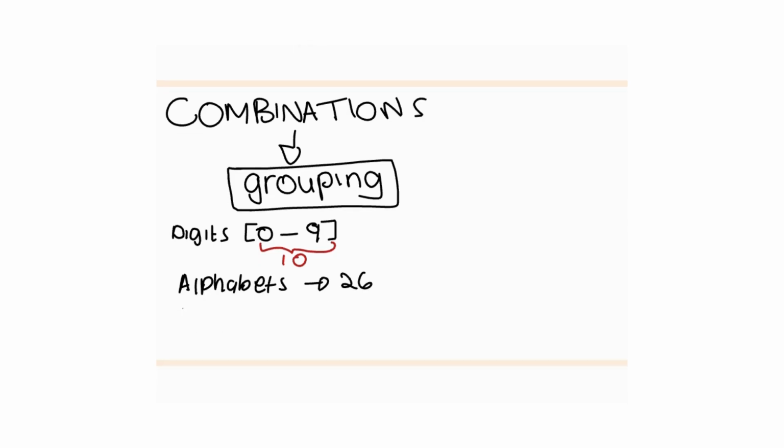Consonants. Remember guys, the consonants are the ones that are not vowels. Let me do the vowels first. The vowels are A, E, I, O, or U. How many do we have? We have 5. Then what is left out of the 26 alphabets is the consonants, which is 21.